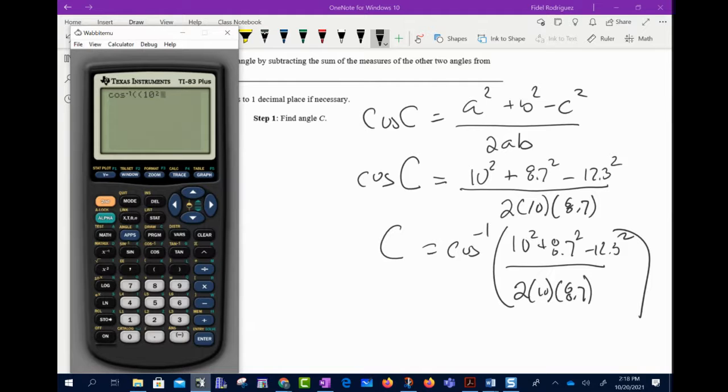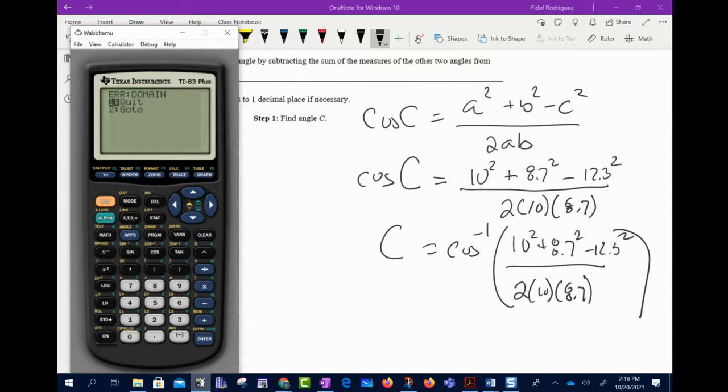So 10 squared plus 8.7 squared minus 12.3 squared, divided by 2 times 10 times 8.7. Close that off. And I think we're good there.